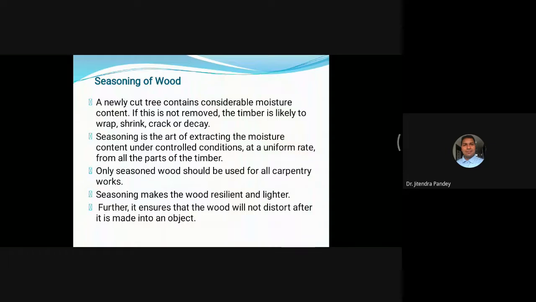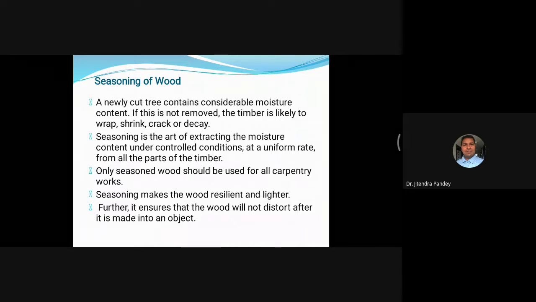That's why we use wood that is fully dry. This drying process is very, very delicate. You cannot keep it open in the sunlight. If you keep it directly in sunlight, it may warp, shrink, crack, or decay. That's why it is a very slow process.